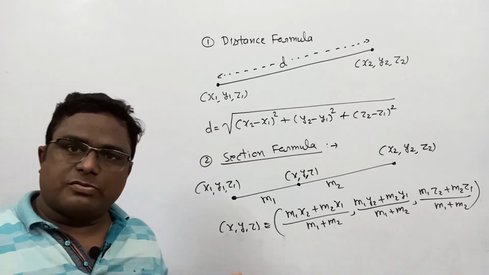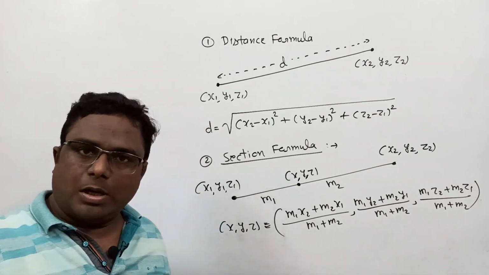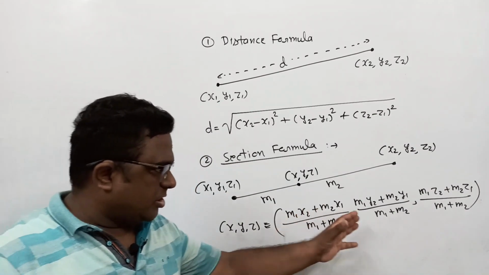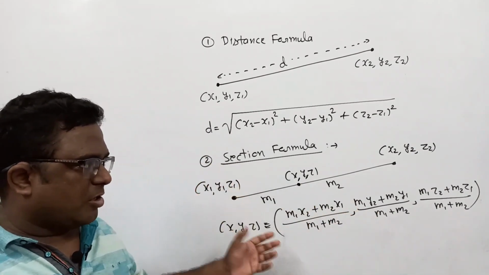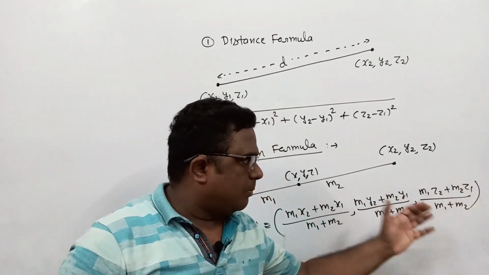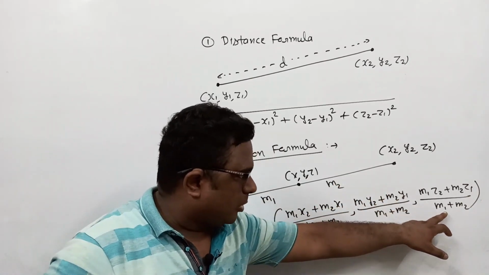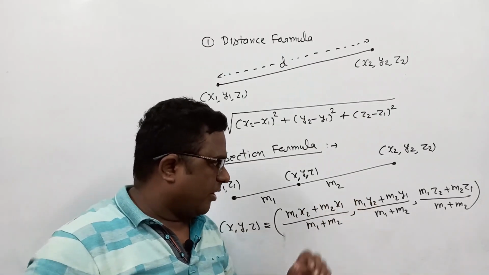This formula is similar to the section formula which you studied in two-dimensional geometry. There is only one change in it, that in two-dimensional geometry we don't take this part, but in three-dimensional geometry we have to take the z part also along with the x part and y part.